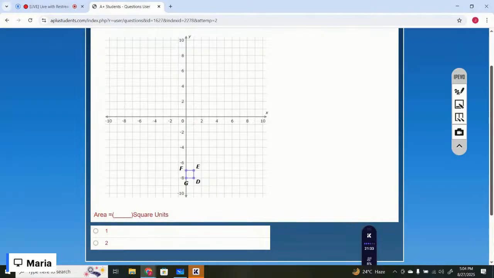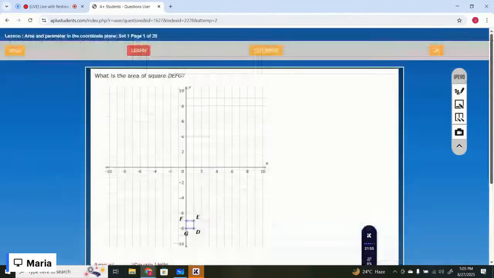The area of a square is side times side. For the given square, the side length is 1. So then the area is 1 times 1. The correct option is 1, that is 1 square unit. Option number 1 is the correct option.